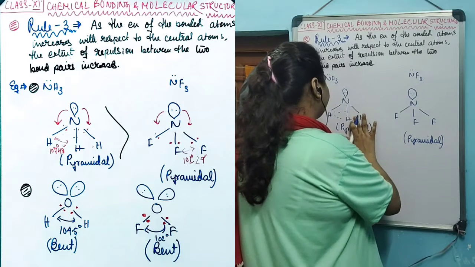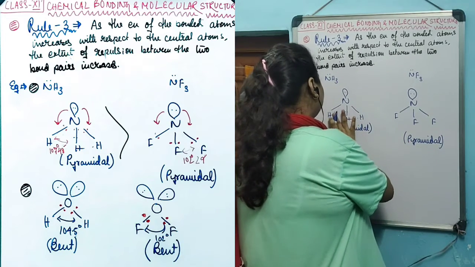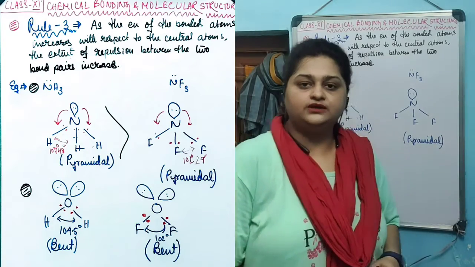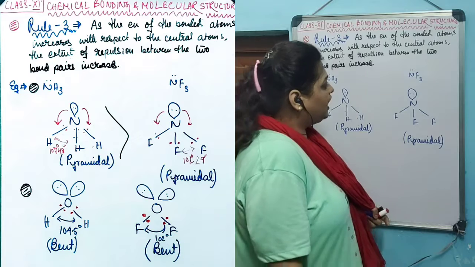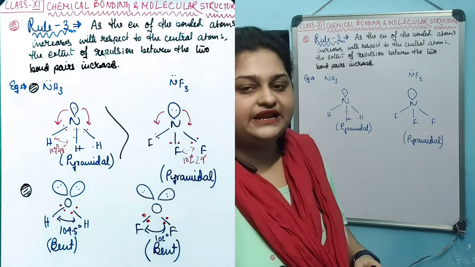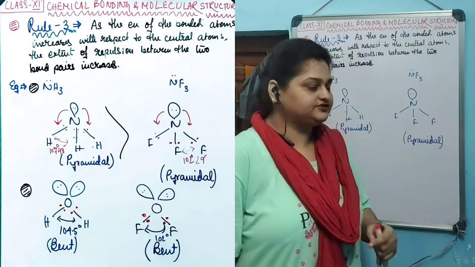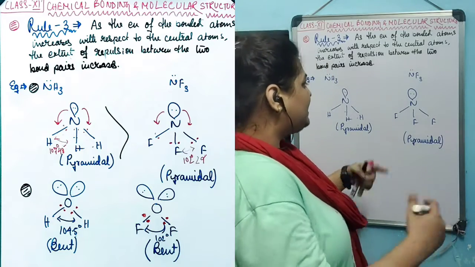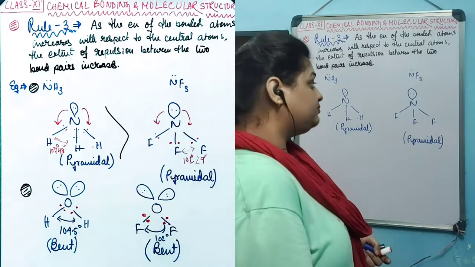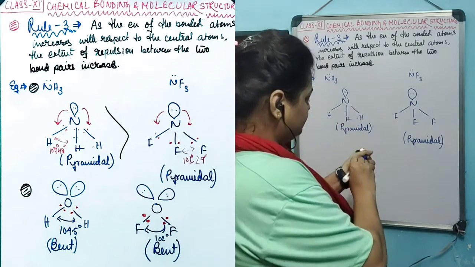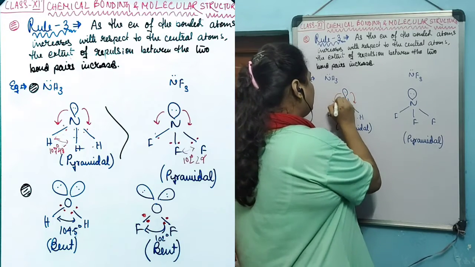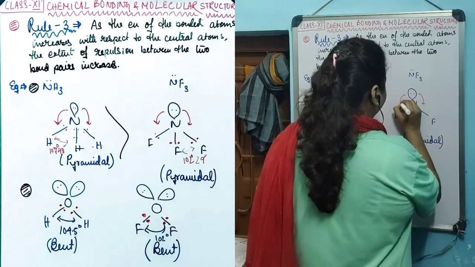Now we know that in a distorted tetrahedral or pyramidal shape, the bond angle is less compared to the regular tetrahedral bond angle, that is less than 109 degrees 28 minutes. So both of them will have a lesser bond angle compared to 109 degrees 28 minutes because of the repulsion coming from the lone pair on the nitrogen atom.